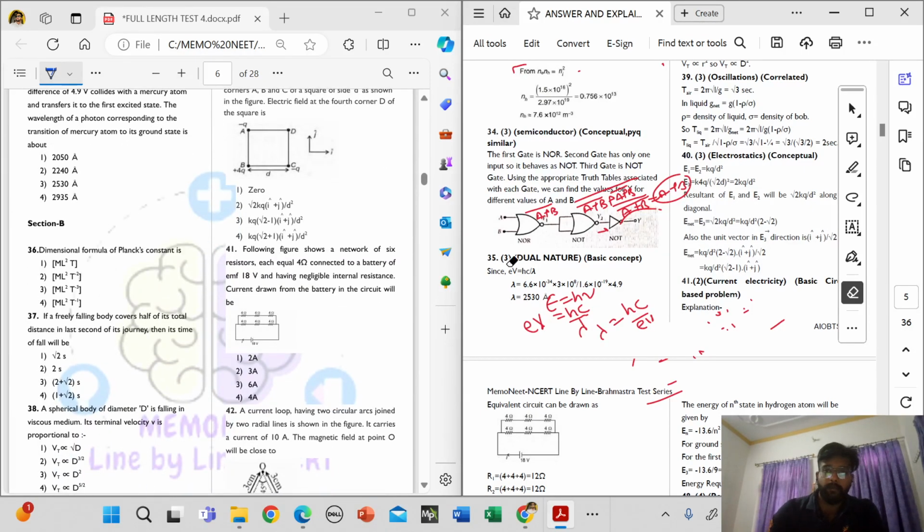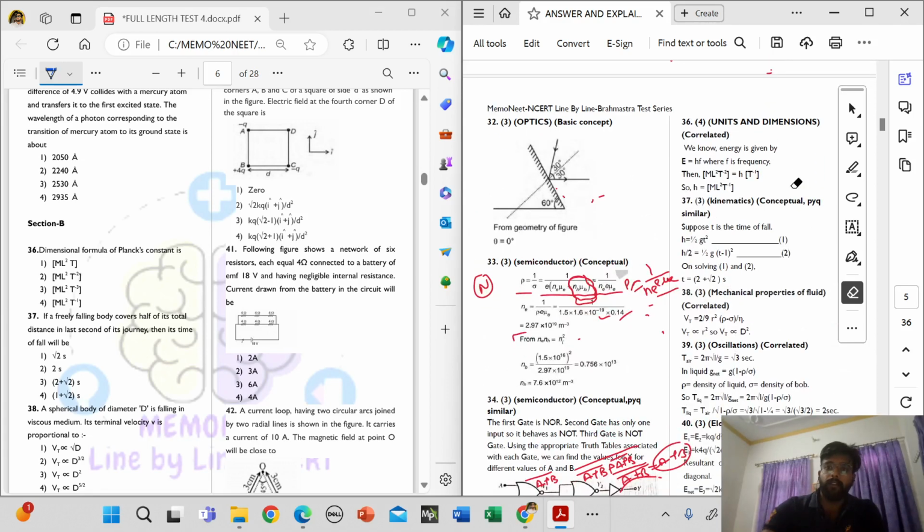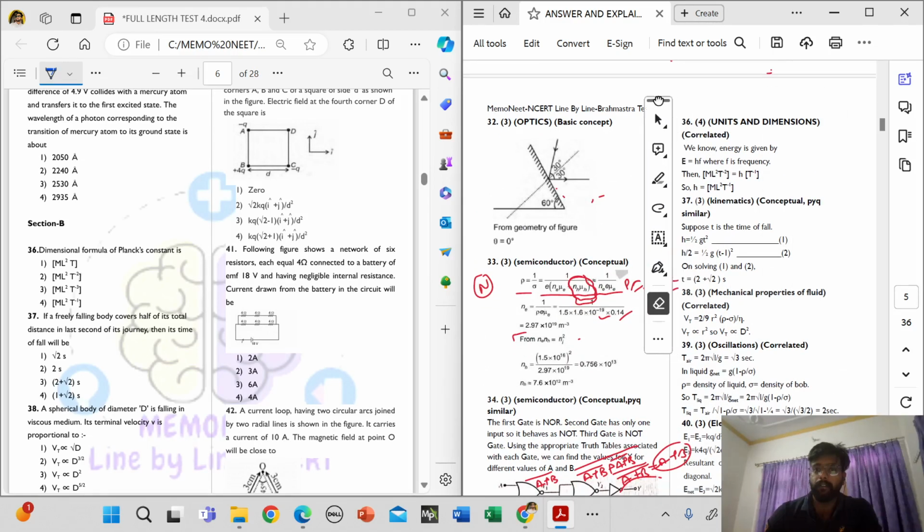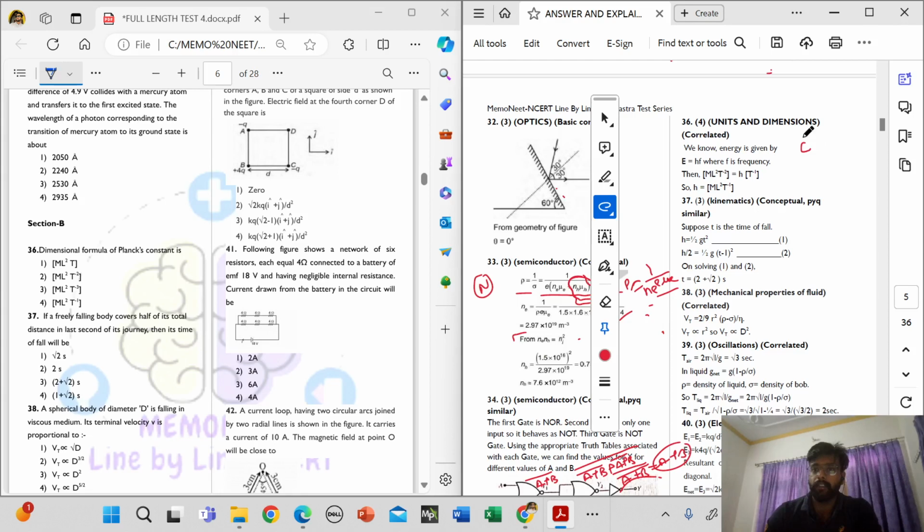Now next question, 36. The dimension formula of Planck's constant. We know the Planck relation E equals h nu. From here, h is equal to E upon nu.